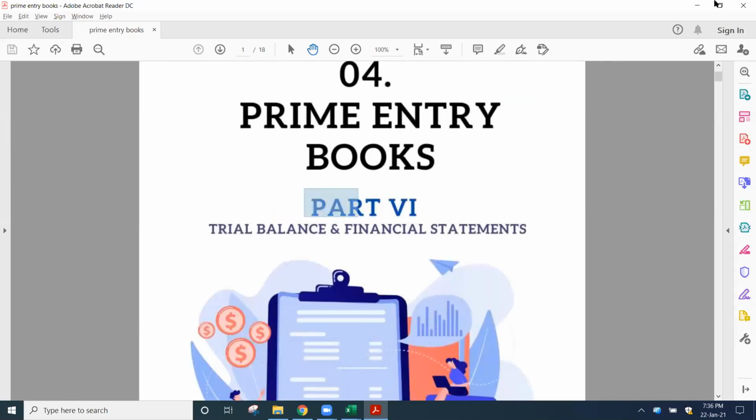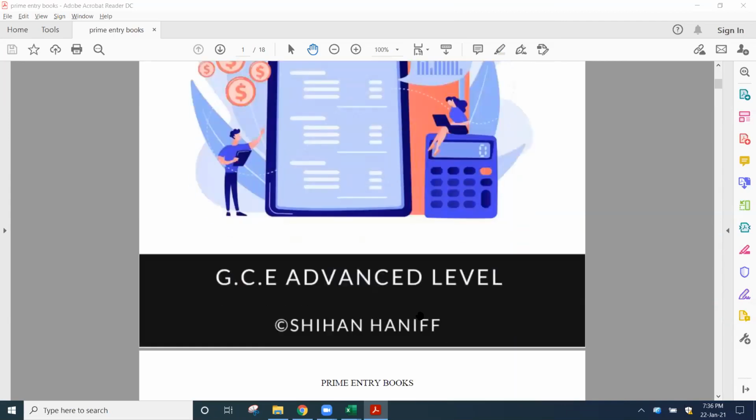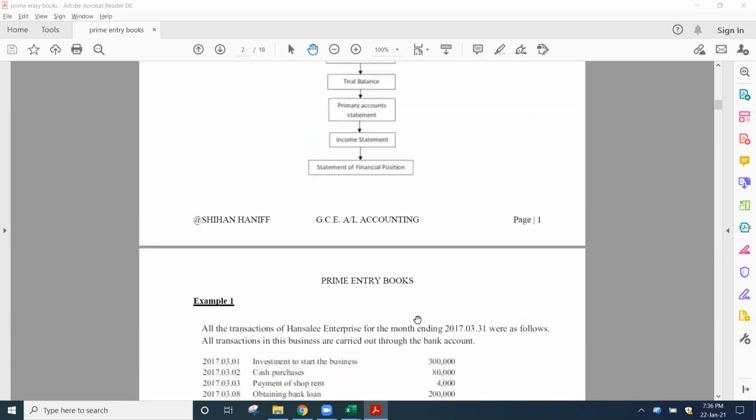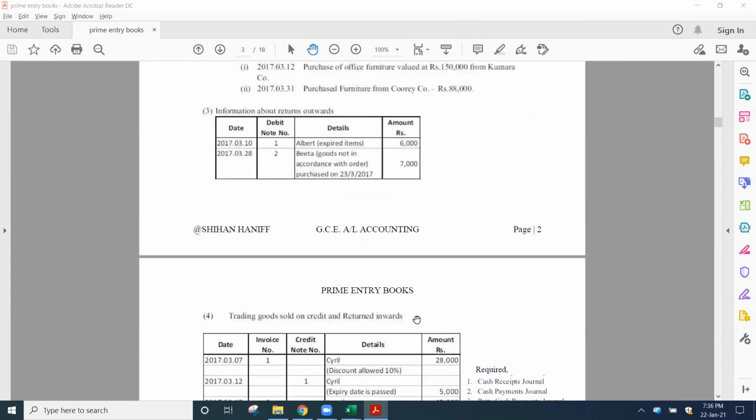Trial balance and financial statements. This is the tute. Right, so I'm doing question number 1.